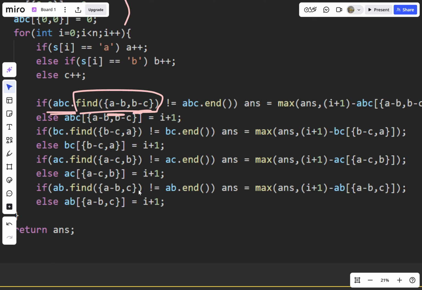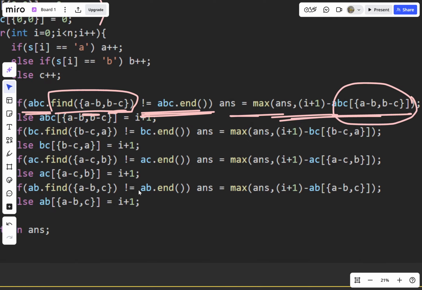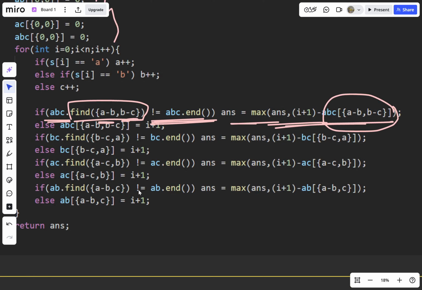If that is not equal to abc.end, meaning it is present in the map, then we will maximize the answer. This map is storing the last index, the index where it was present earlier, and this is the I plus 1 where the current A minus B and B minus C happens. So that same exact pair was already present earlier.